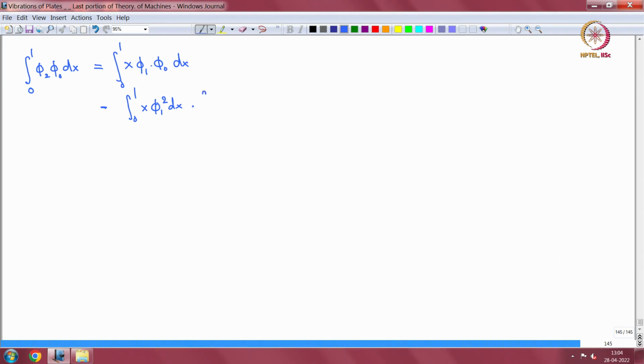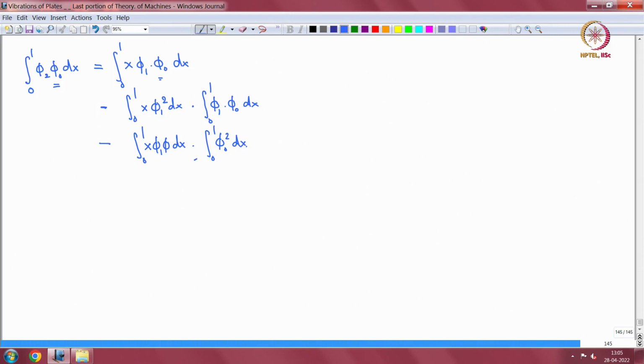So, I have integral 0 to 1 phi 1 and phi 0 as I did here and here dx, and lastly I have minus integral 0 to 1 x phi 1 phi 0 dx already into phi 0. Then I multiply by one more phi 0, so phi 0 square dx, okay.